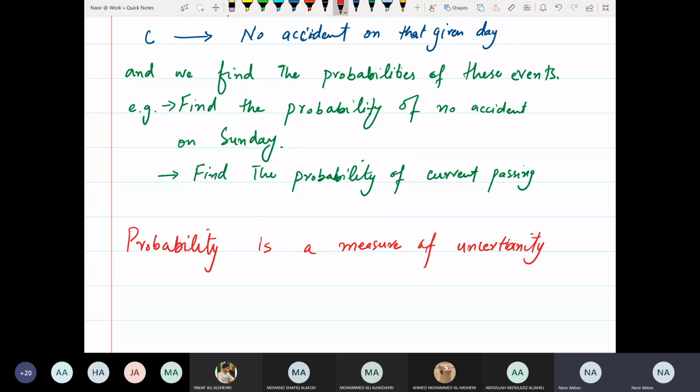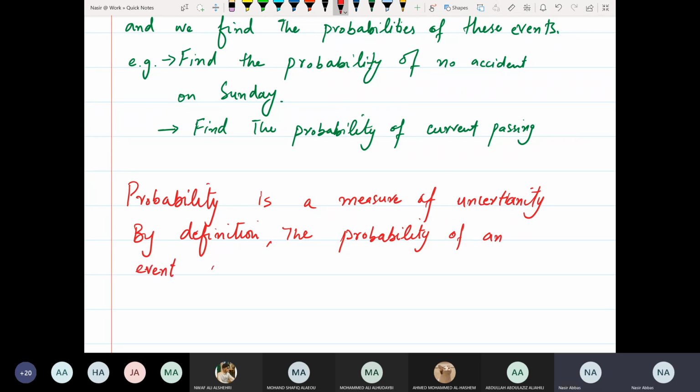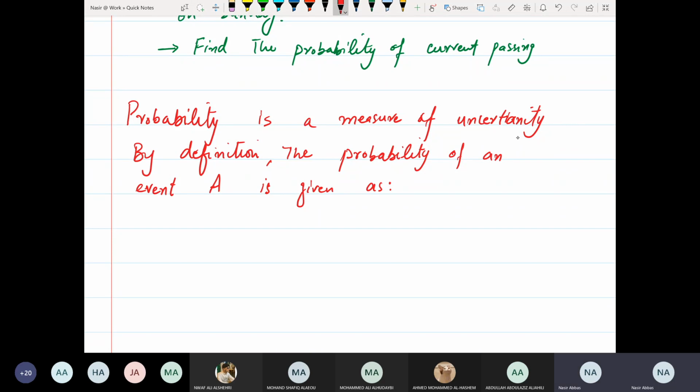And by definition, the probability of an event A, for example, is denoted by P of A and is given as the number of outcomes in A divided by the number of outcomes in your sample space.